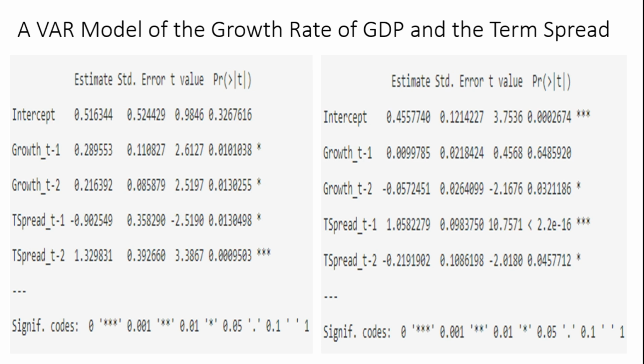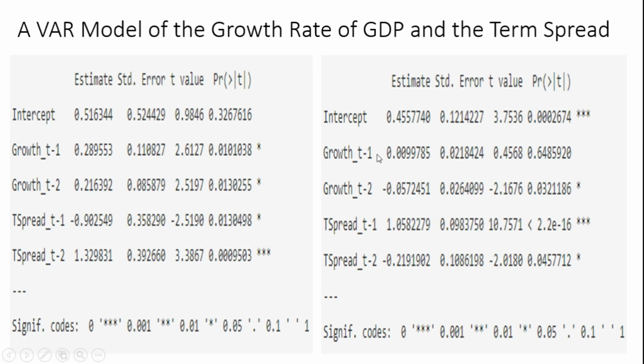On the right hand side of your screen, you have an estimate of term spread of the current period in function of lags of two variables, which are growth rate and term spread.